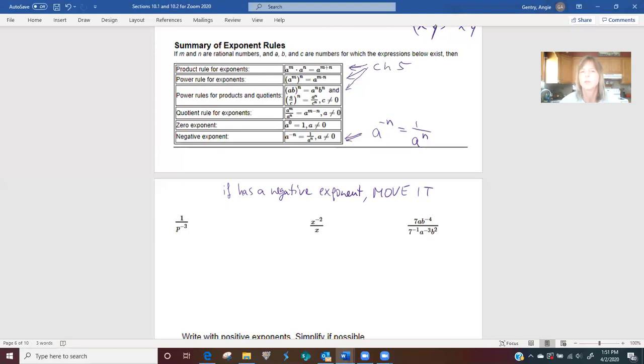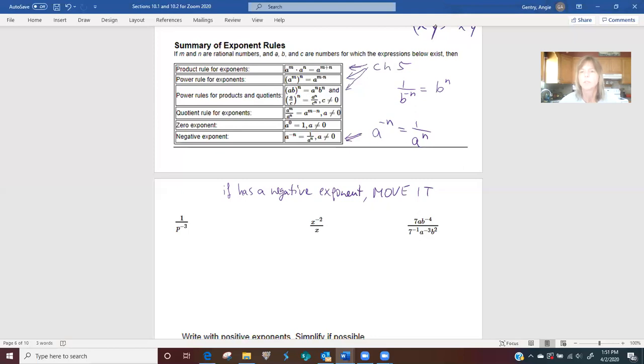If it's upstairs, you move it downstairs. Do you see how this one here is technically in the numerator? And what you do with it is you move it to the denominator and change that from a negative exponent to a positive exponent. If you have 1 over b to the negative n, then you say, oh, it has a negative exponent. It's downstairs right now, so I'm going to move it upstairs.